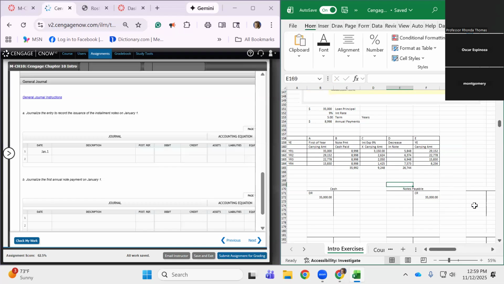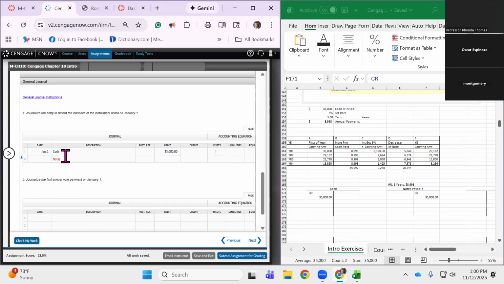And once again, this notes payable has 9% interest, it's 5 years with a payment of $8,998. I like to put that information above the notes payable so I know those are the terms. So cash is coming in, and we're creating a notes payable for it.